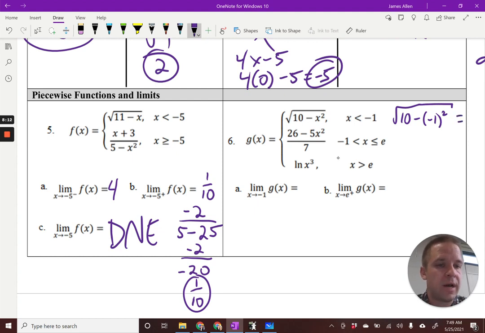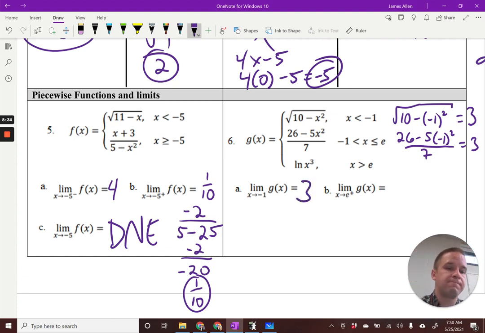So that's going to be 10 minus 1 is the square root of 9, which is 3. And then this one here, I'd have 26 minus 5 times negative 1 squared divided by 7. That's going to be 26 minus 5 is 21 divided by 7 is 3. So from the left and from the right, we are approaching 3. So the limit is 3.